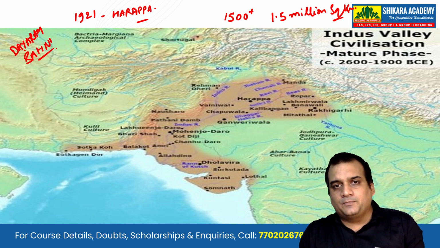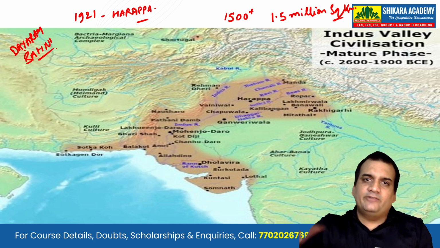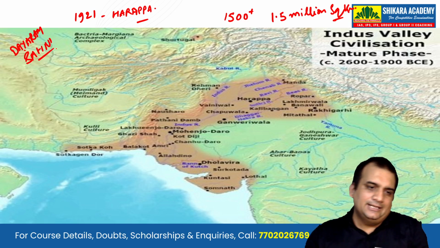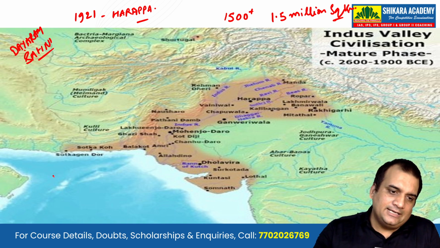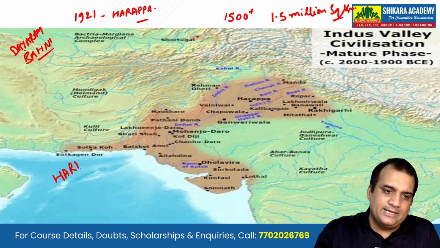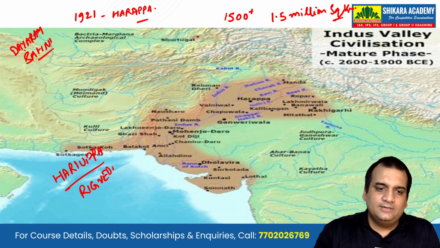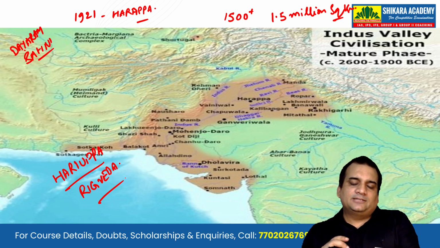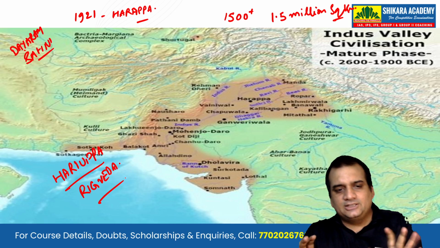That's why Harappa, also because the neighboring places were known as Harappa, and coincidentally in the Rig Veda a place named Harappa is mentioned. So maybe that's why the name was changed to Harappa.